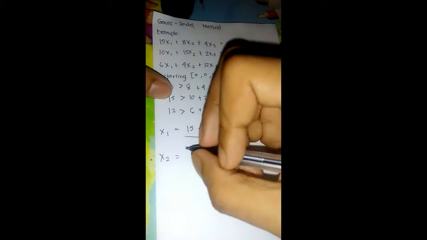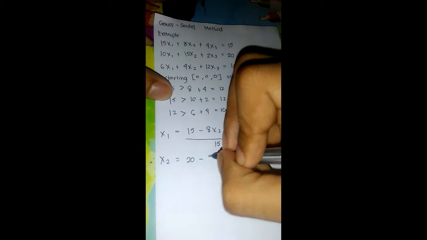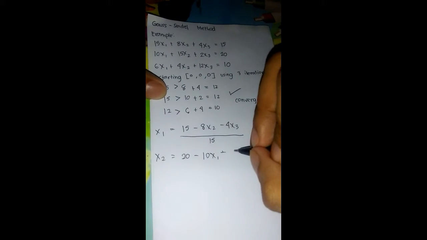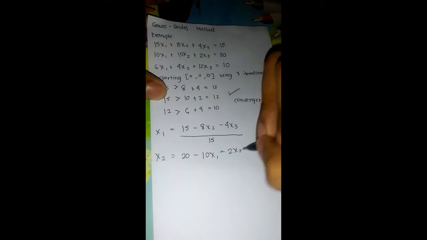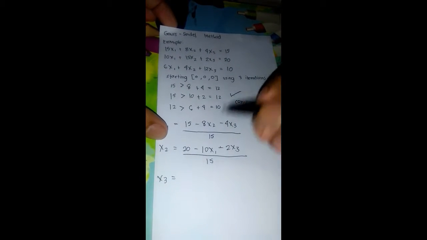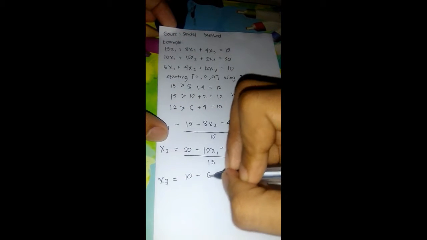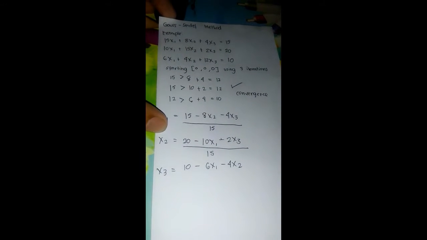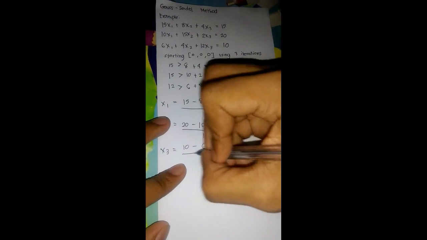For x2, we use 20 minus 10x1 minus 2x3 over 15. And for x3, you have the value of minus x1 minus 4x2 over 12.